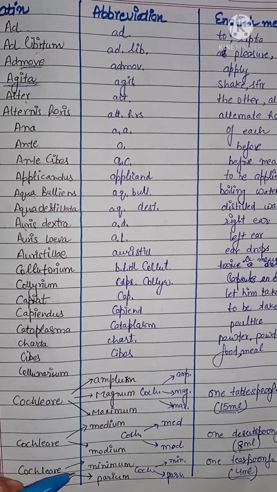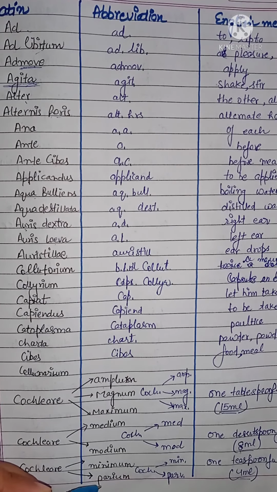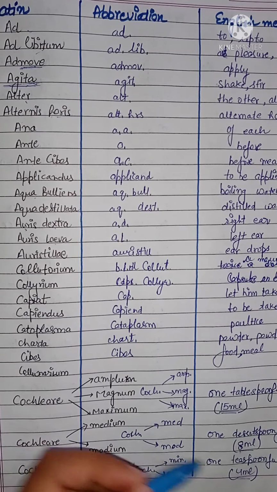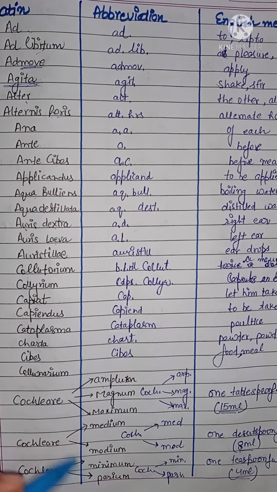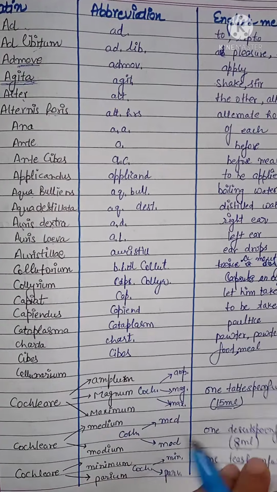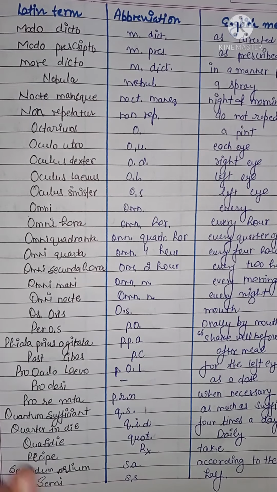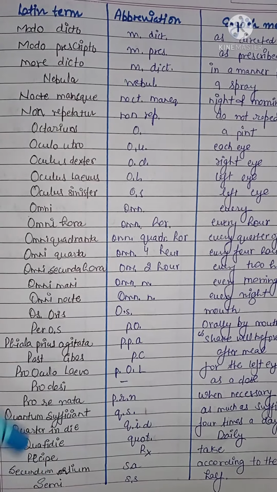Next we have cochleare minimum and parvum, which mean one teaspoonful, which is 4 ml. All these are used in the case of liquid preparations. In the same way we have other Latin terms.